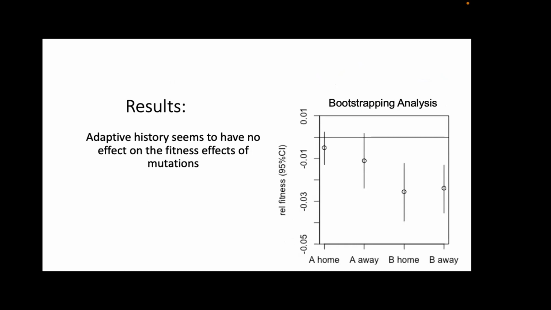Sure, yeah. So what we expected to see was that when we were well adapted to the environment, the home environment, A home being A adapted in A medium and B home being B adapted in B medium, we expected the mutations to have a less deleterious impact.